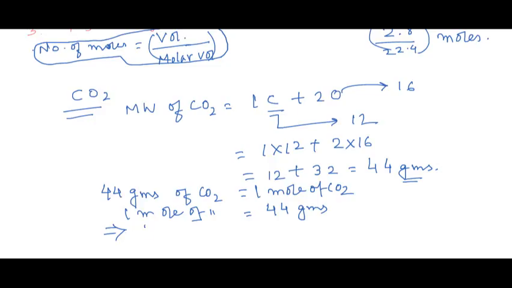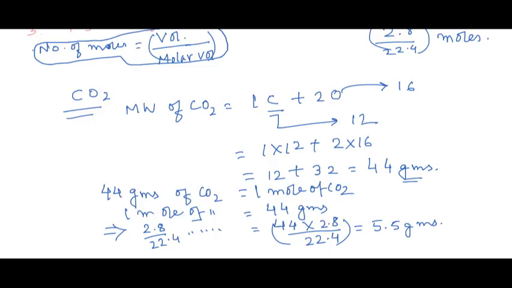So how many moles we have over here? 2.8 by 22.4 is 44 into 2.8 by 22.4. You calculate this, you will get 5.5 grams.